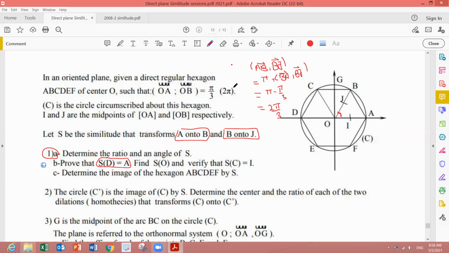I take A onto B and D onto A, and verify that the ratio and the angle are the same as the ratio and the angle of part A.